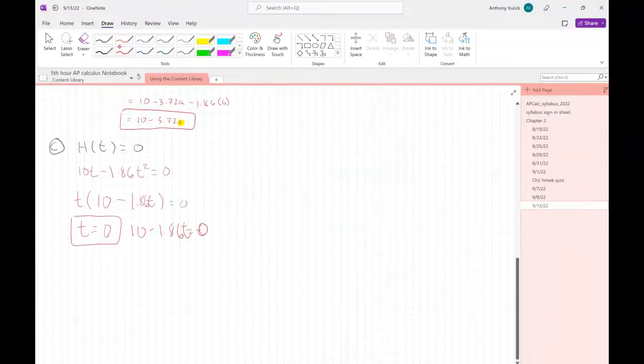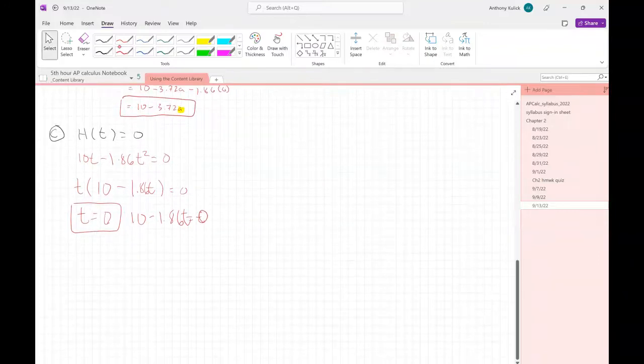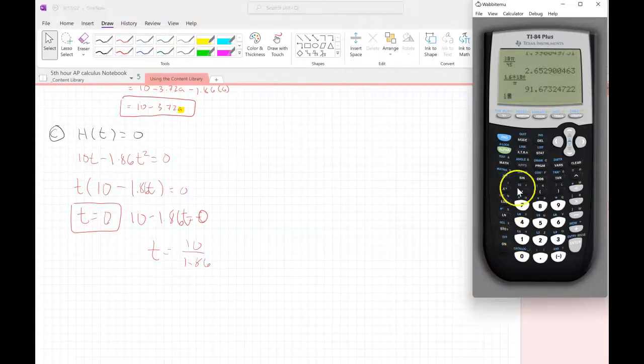Well, no doy, if we're throwing the rock up off the ground, initially its height is at 0, okay. And then if I do this one, I get 10 over 1.86. Whatever that is approximate to. I'm not feeling very ambitious to try to mental math my way through that one. It's got to be a little more than 5.37.